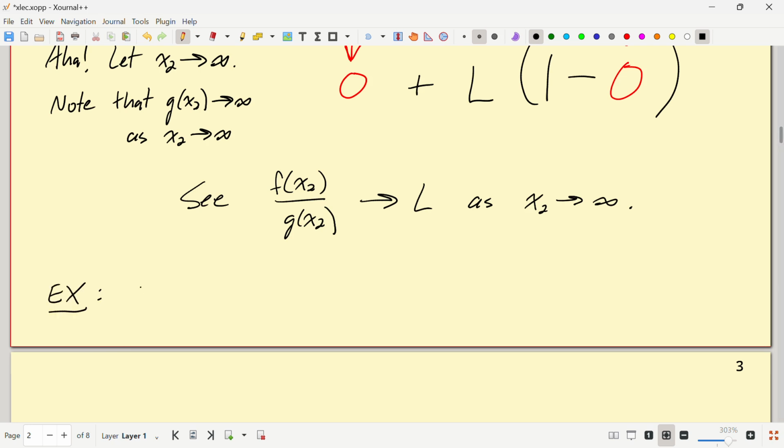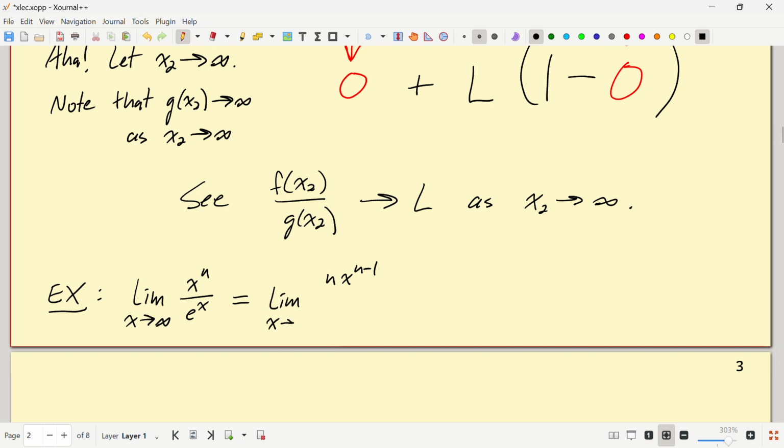let's see. The limit, I'll do x to the n over e to the x as x goes to infinity is equal to the limit n times x to the n minus 1, and when I differentiate the top, let's see, I don't know this yet.